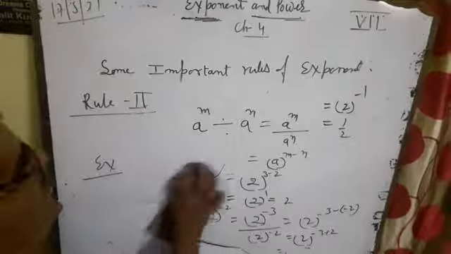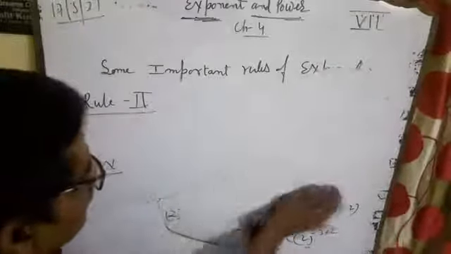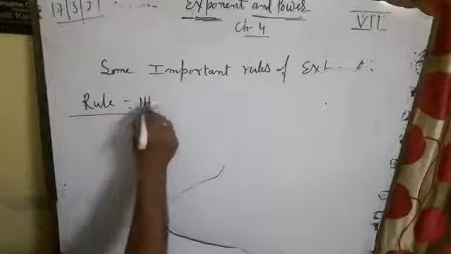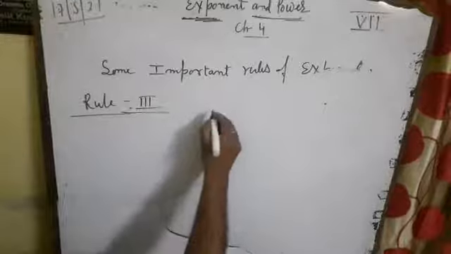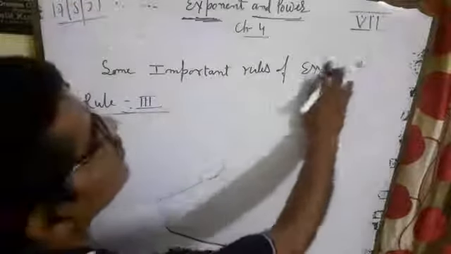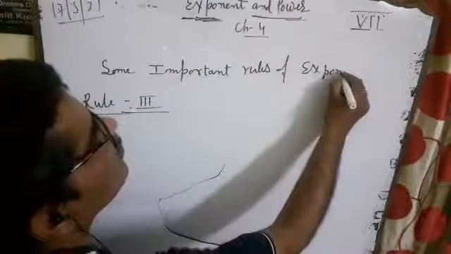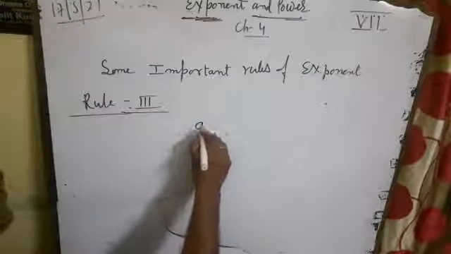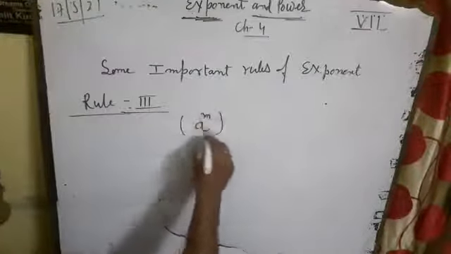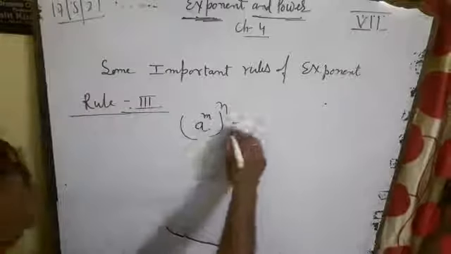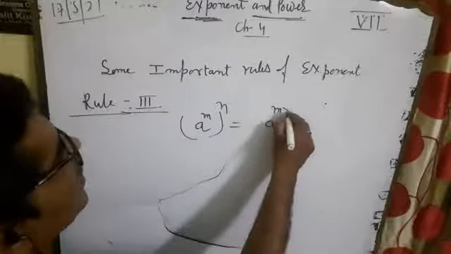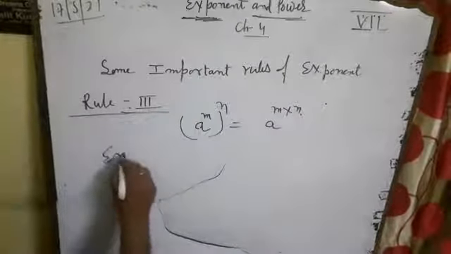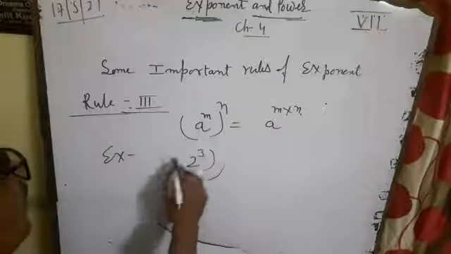See, another rule, rule number 3. This is A to the power M whole to the power N. Also, multiply the powers: A to the power M into N. There is the example, 2 to the power 3 whole to the power 2.